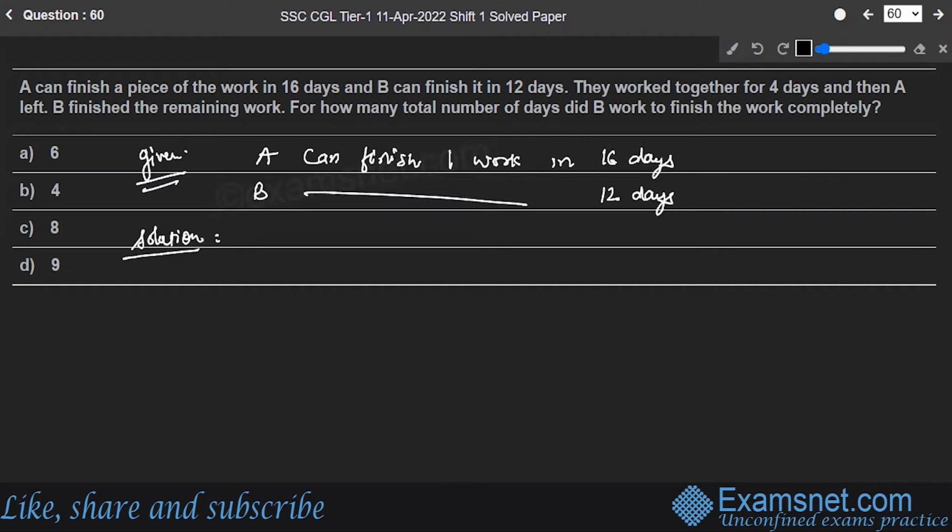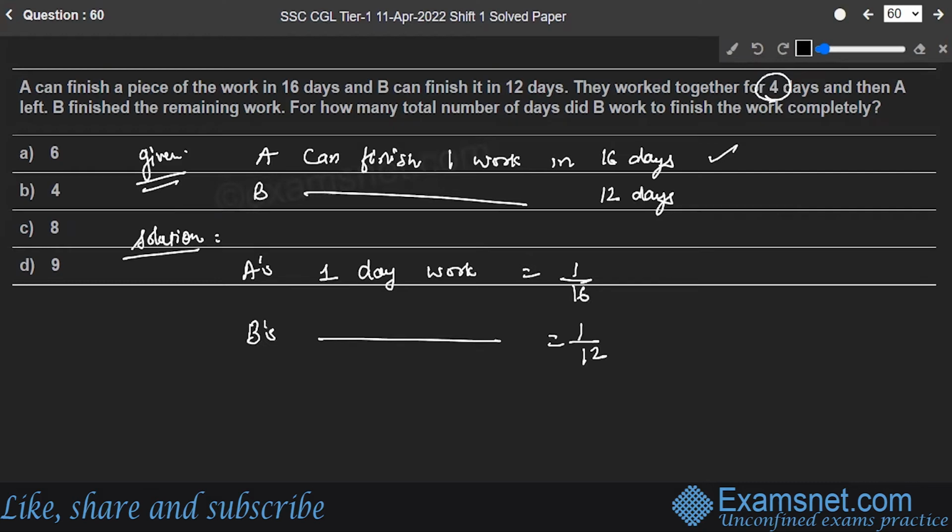See, in this question, first of all, A completes the work in 16 days. You can say A's 1 day work is equal to 1 by 16. Similarly, B's 1 day work will be 1 by 12. Right? See, A and B, they both work for 4 days.